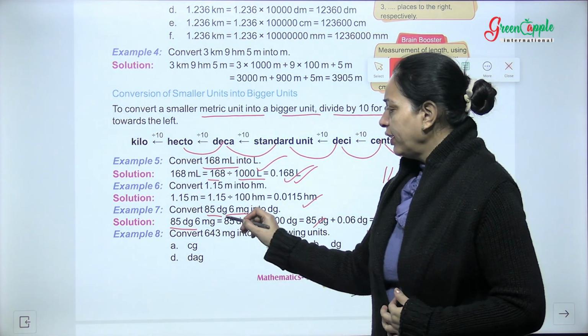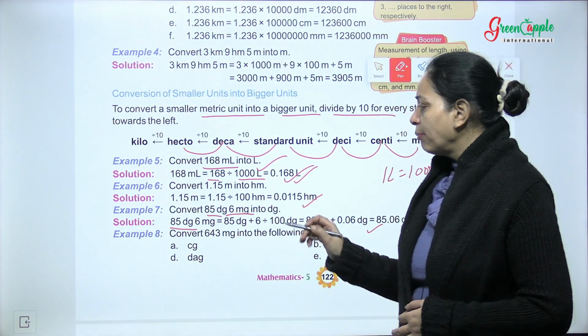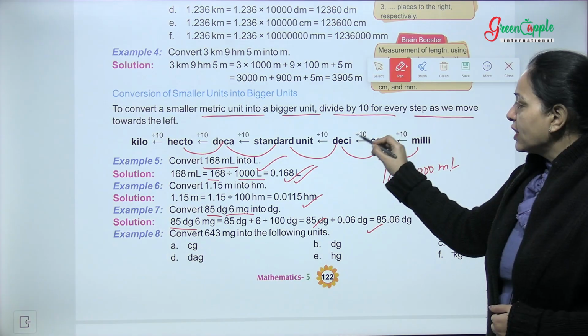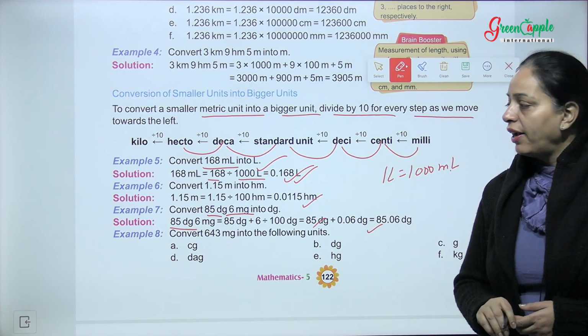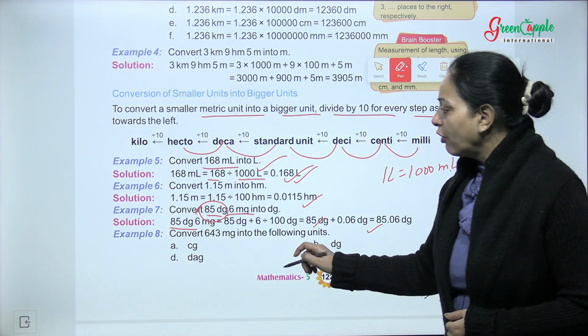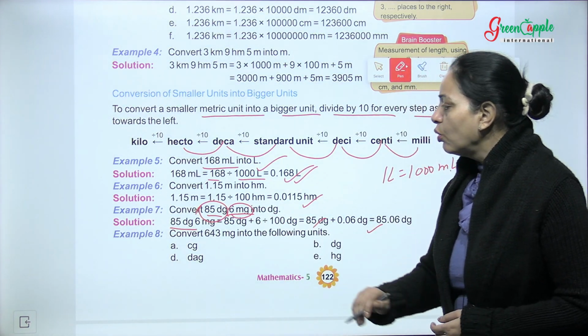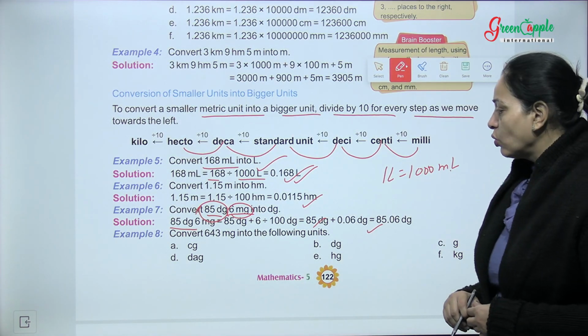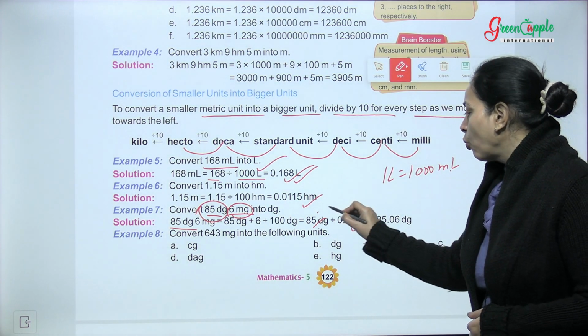Example 7, convert 85 decigram 6 milligram into decigram. So we have to convert now milligram into decigram. So divide by 100. So 85 decigram as it is, only convert 6 milligram into decigram. So 6 upon 100, this is 0.06 decigram. दोनों को add कर देंगे.